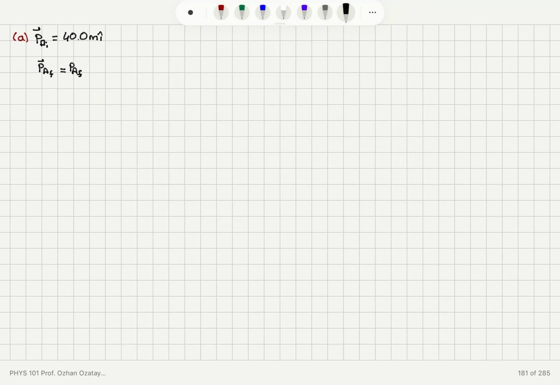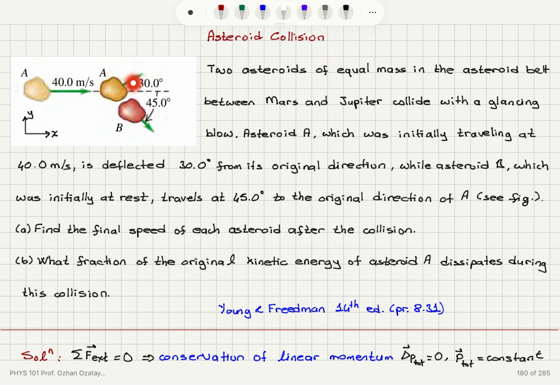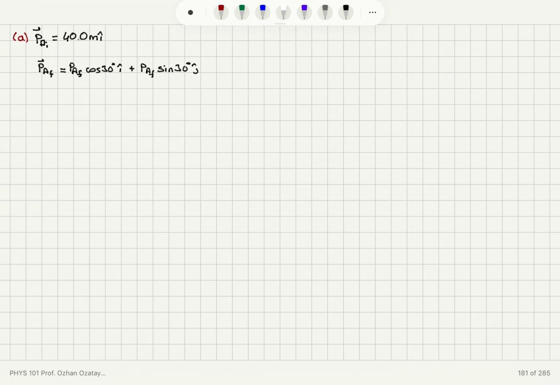the magnitude of the final momentum cosine 30 I-hat plus magnitude of the final momentum sine 30 j-hat, because it makes an angle of 30 degrees with respect to the horizontal. So cosine 30 and sine 30 will give me the components. As for asteroid B, the initial linear momentum was 0 because it was at rest.